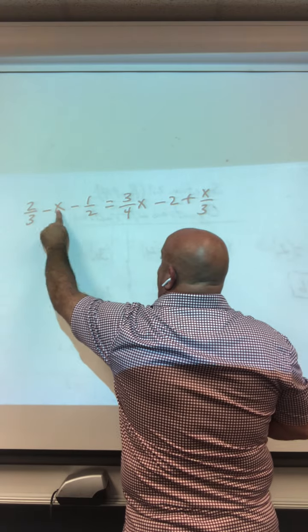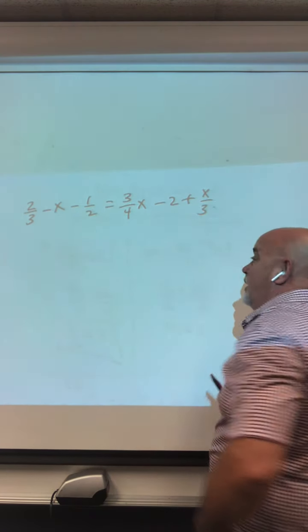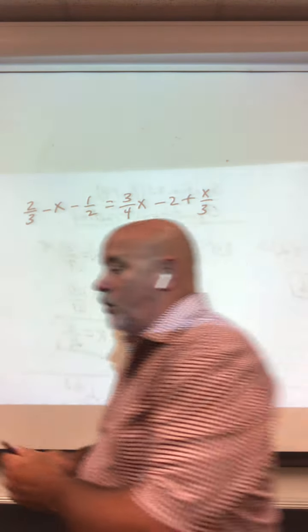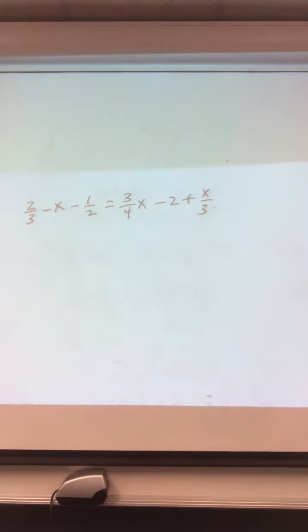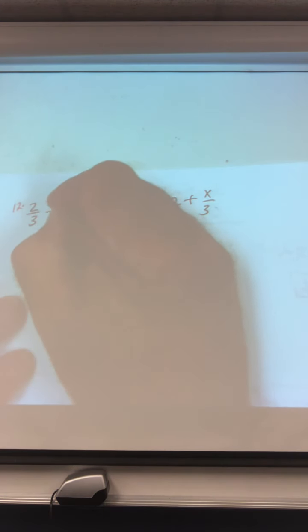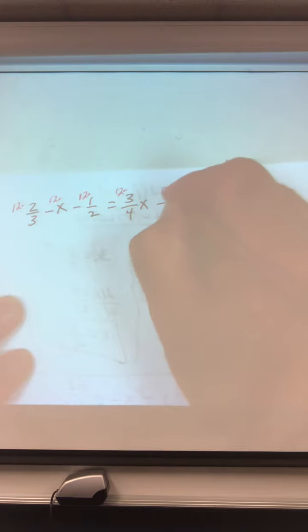You have to multiply every term. Yes, this one. Yes, this one. So I'm going to have to multiply all 6 of these by 12. So I'm going to put a 12 here, a 12 here. We do not do this with adding and subtracting, but we do this with multiplying.